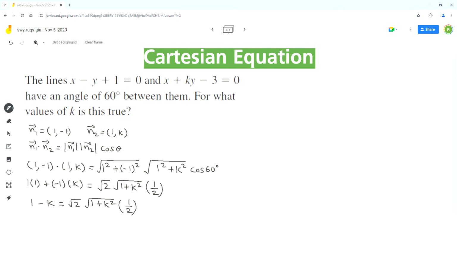Next we can multiply both sides by 2 to get rid of the half on the right side. We have to solve for k, but on the right side k is under the square root. So we should get rid of the square root on the right side by squaring both sides.